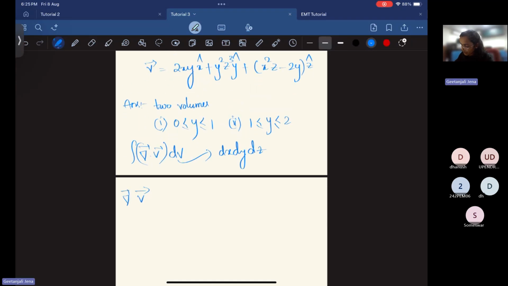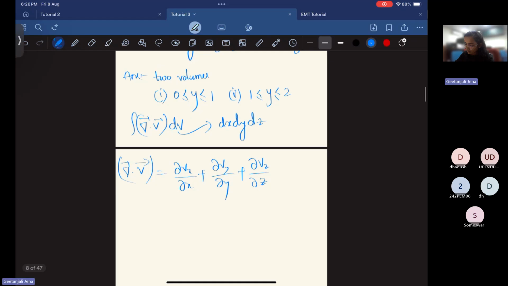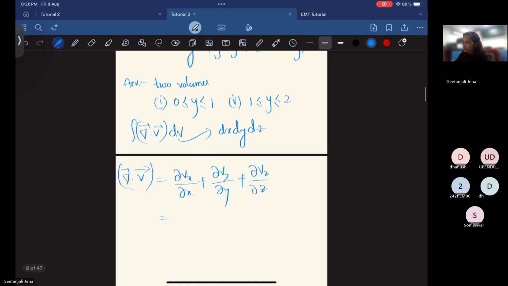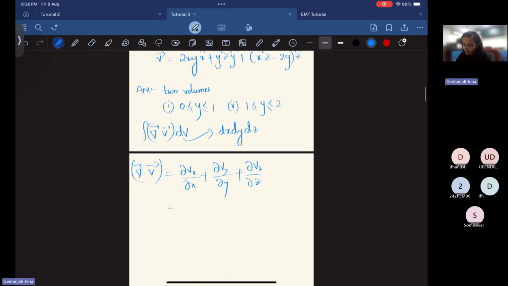So v is given. If you recall the lecture, to find the divergence for Cartesian coordinates it's easy. You don't have to remember the formulas. You just need dou vx by dou x plus dou vy by dou y plus dou vz by dou z. Just check the answer, whatever I'm writing, and if it's not matching, then let me know.